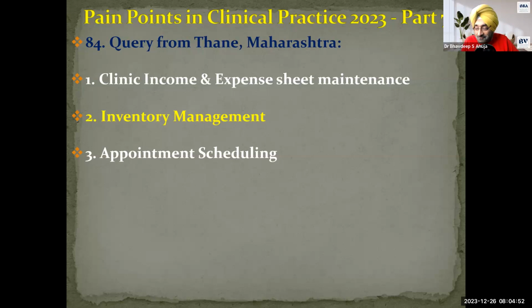Appointment scheduling, of course, needs to work out as per your ability to treat how many patients in how much time. I always believe strictly in the scheduling part, courtesy the Pareto principle of 80-20. The 80-20 principle says that we need to prioritize those 20% of patients who are giving us 80% of revenue.